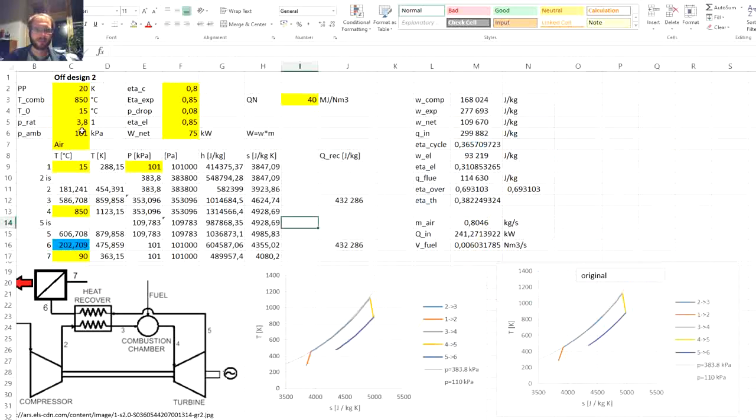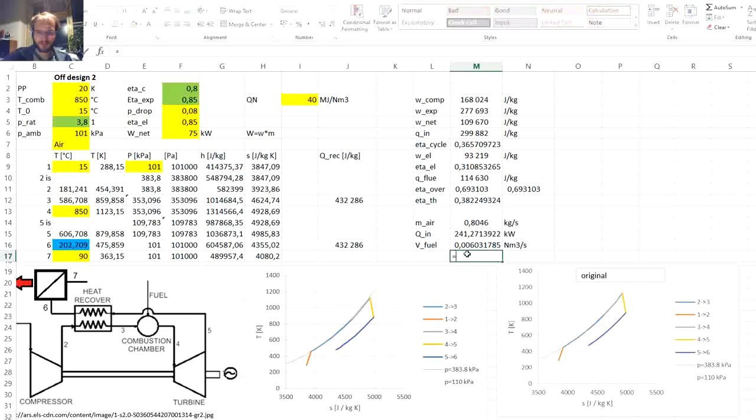So let's implement it in our model. The changed parameters would be the pressure ratio and the efficiency of compressor and expander, and our new input is again the flow rate of the fuel, which should be 2/3 of the original.